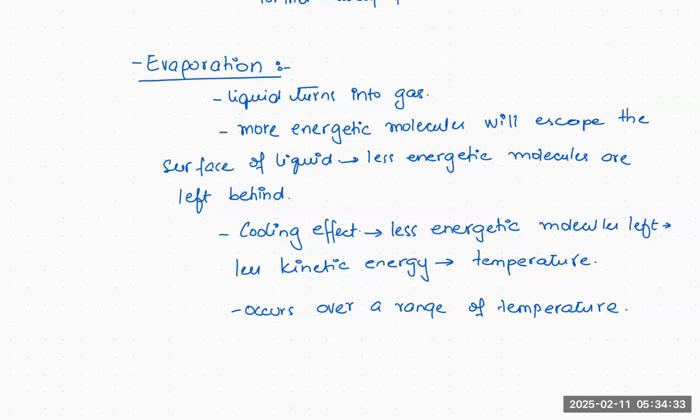It can happen at 50 degrees, 60 degrees, 70 degrees. Put it outside in the sun, you'll see evaporation. So evaporation is over a range of temperatures, and it is simply the more energetic molecules escaping the surface of the liquid. In boiling, there is a specific temperature at which it is going to boil. So that is the major difference between evaporation and boiling point.